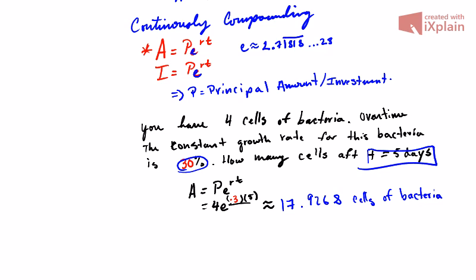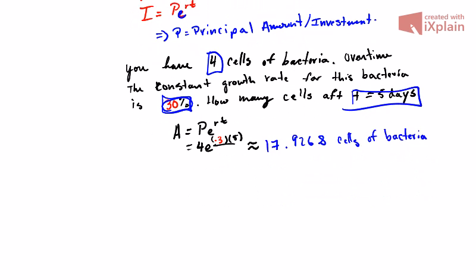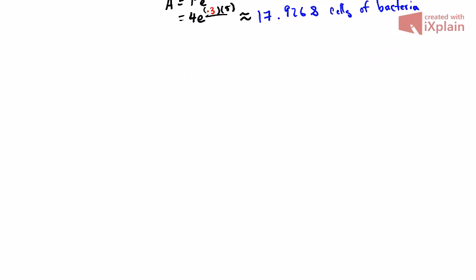So the more you have up front, and the faster your growth rate, the faster the overall growth of the continuous compounding event will occur. So this is an example of continuous growth over time with respect to 4 cells of bacteria.